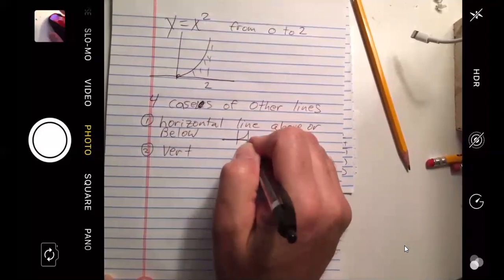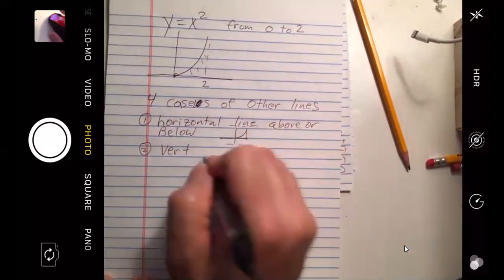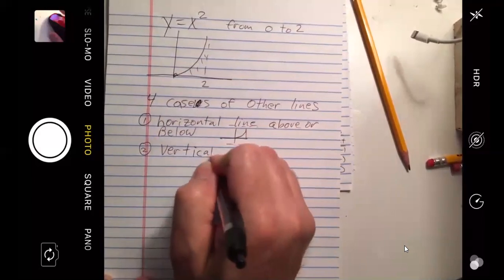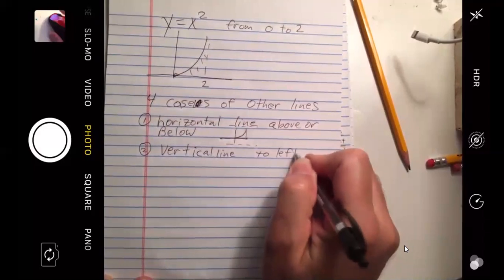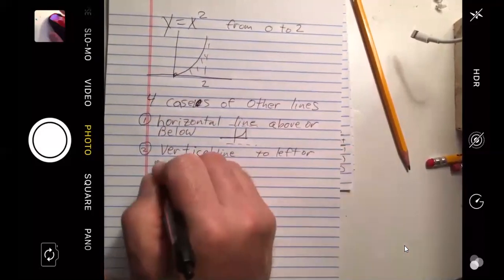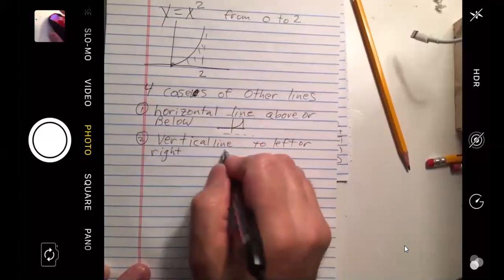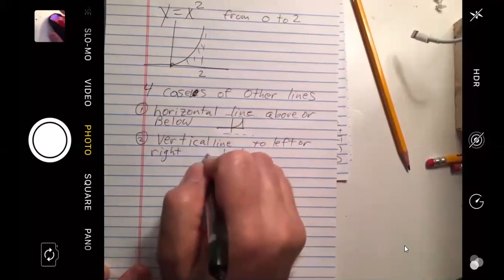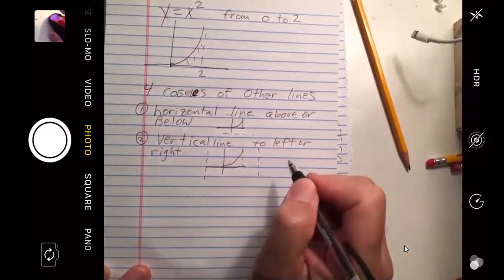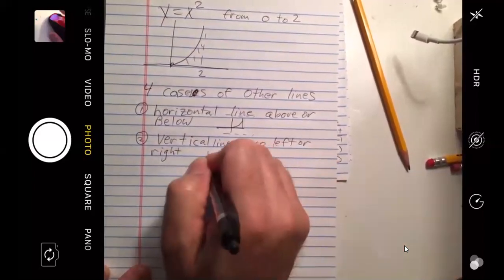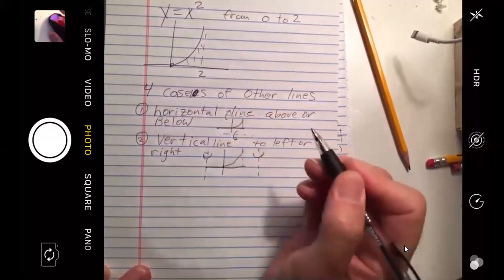So you do an x squared, you could do a line down here, you could do a line up there. You could do a vertical line to the left or right. So in other words, you've got your x squared doing this, and you could do a line over here or a line over here. Around this, around this, around this, around this.